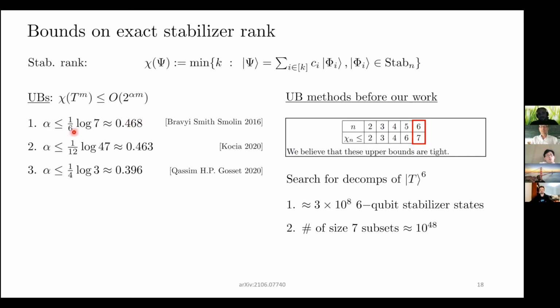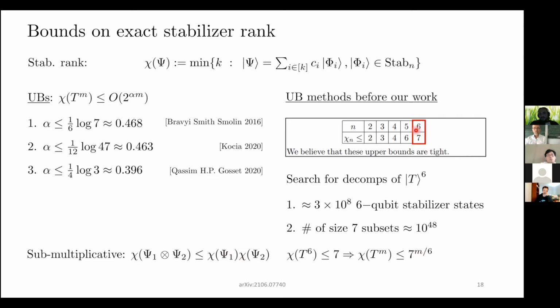You will see that this 6 and this 7 actually come from the 6 and 7 here. And how that works is straightforward. There's this property of stabilizer rank known as submultiplicativity, which says that if you take a tensor product of two states, then the stabilizer rank will be less than the product of the stabilizer ranks of each. So looking at the fact that you have 6 copies for a rank of 7, you can use that to construct, this is an asymptotic result.